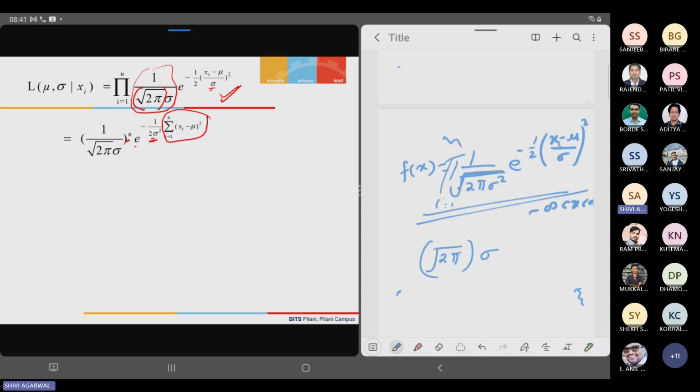Same here, it is very difficult to take the differentiation with respect to mu and with respect to sigma. So we take the logarithm of it.